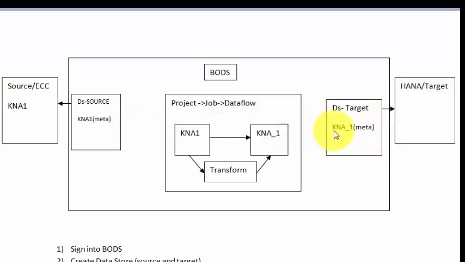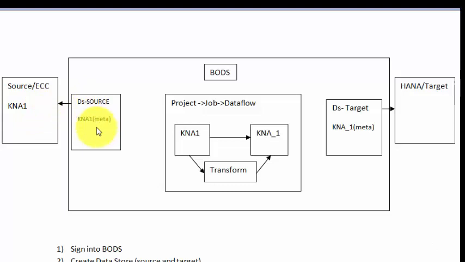Now at the point of creation, this data source does not know about the target and this target does not know about the source, because they are just connected as data source and you can use it in any fashion, whether source or target, it does not matter at this stage. Once you create the data source, then you can import the metadata of the table in question from the source system into the data source.